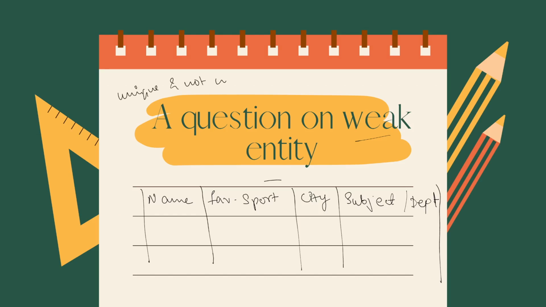So in order to create a primary key, the table that has a weak entity must use a foreign key in conjunction with the attributes it has. This foreign key is typically the primary key of an entity it is related to. So in that way you can create a primary key, but they do not have a primary key on their own. That is why we call it a weak entity. All right, I hope you are clear with this.